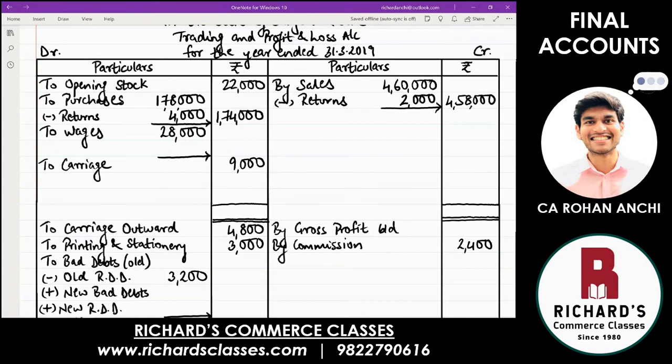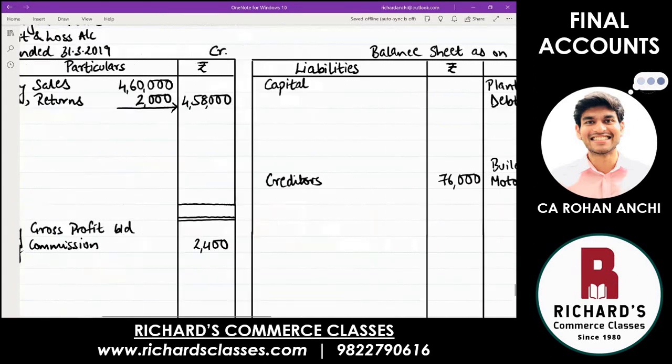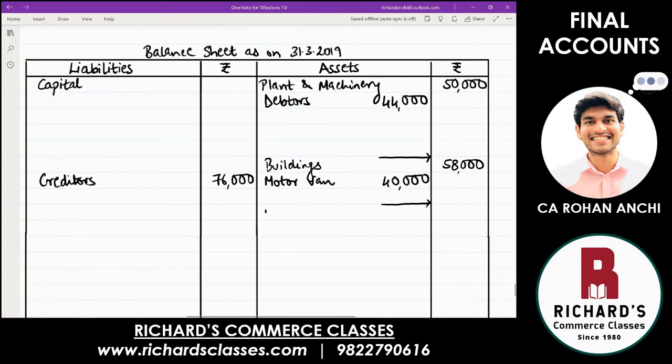Then further, the next is furniture, which is an asset, come to the asset side, balance sheet, furniture, but write in the inner column because there is an adjustment of depreciation on it. We have a tick mark on furniture, write down 20,000 in the inner column. Leave one line below. Always draw that arrow and keep it so that you remember that you have to leave one line there.